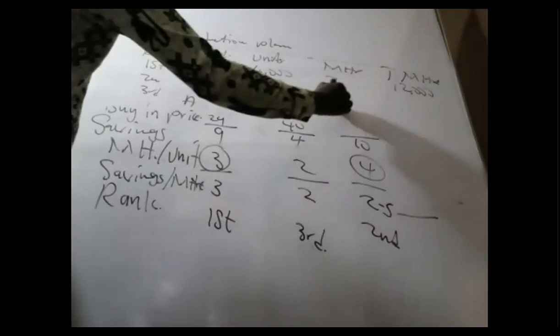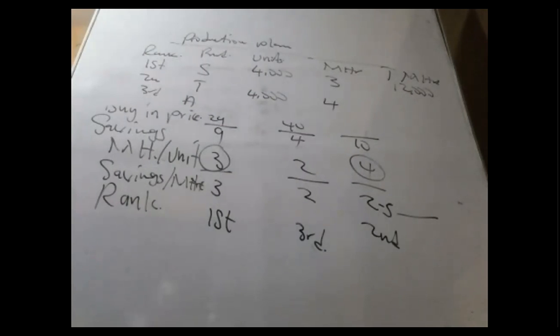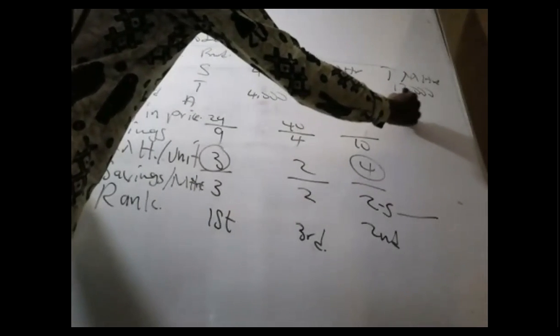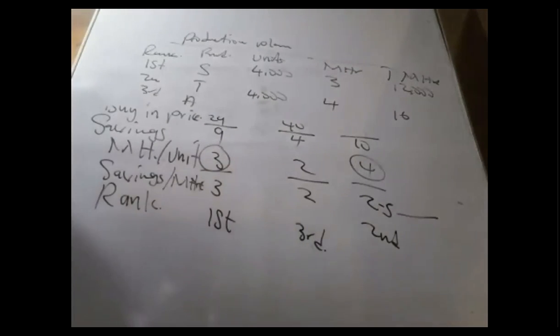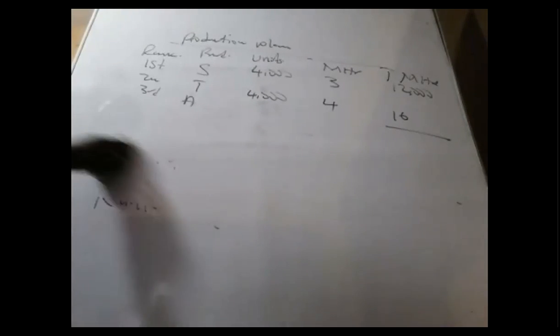If I multiply this by 4, I get 16,000. If I add 12 plus 16, I get 28, which exceeds the limiting factor. So we cannot produce the 4,000.